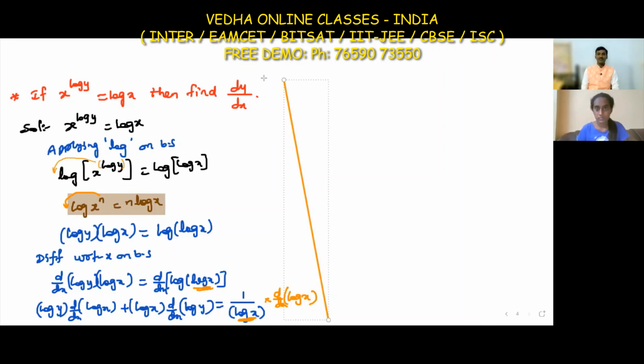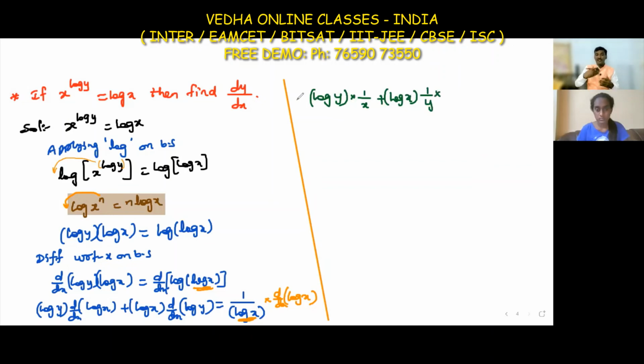Now this becomes log y into d by dx of log x. What is d by dx of log x? 1 by x, and log x is as it is, and d by dx of log y is 1 by y, but in place of x we have y.